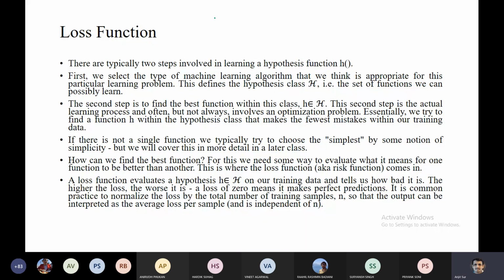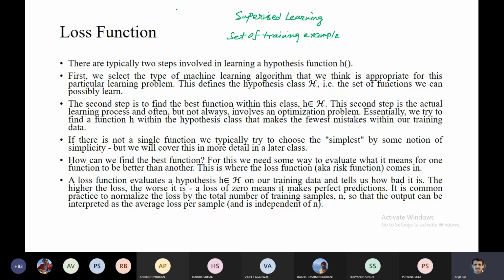Here, what we have shown is, what is the actual problem in a supervised setting? A set of training examples is given.